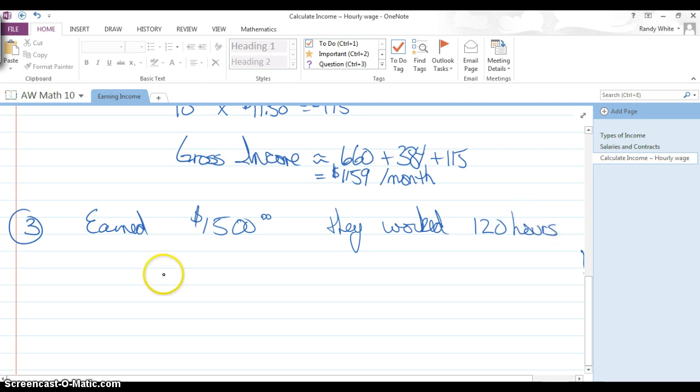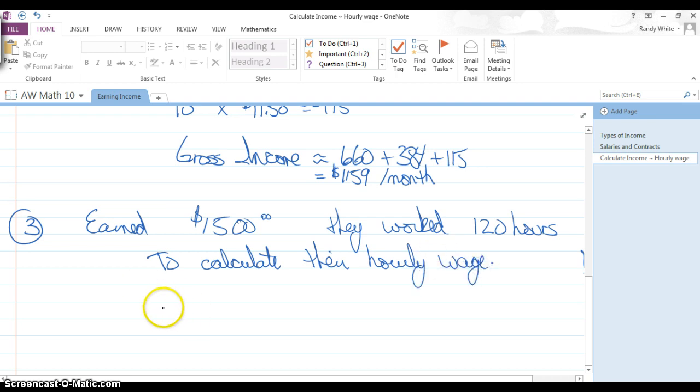So to calculate their hourly wage, take the income and divide that by hours worked, and that will equal the hourly wage.